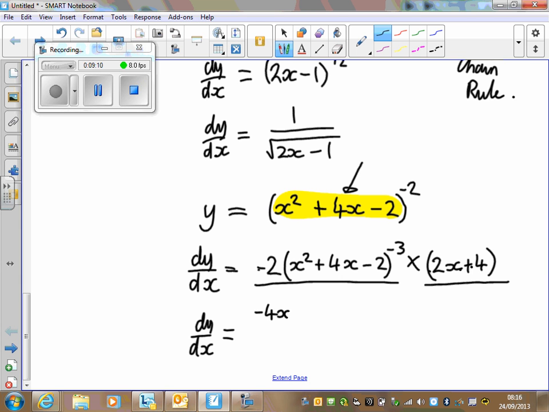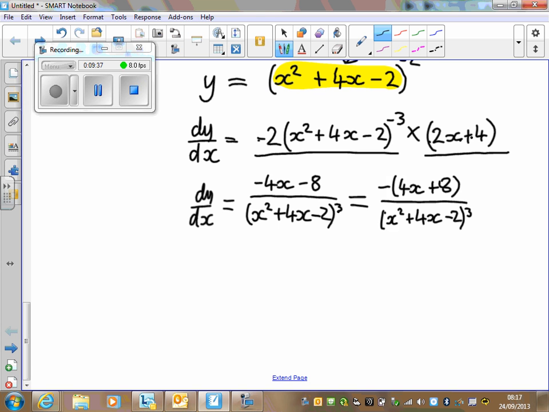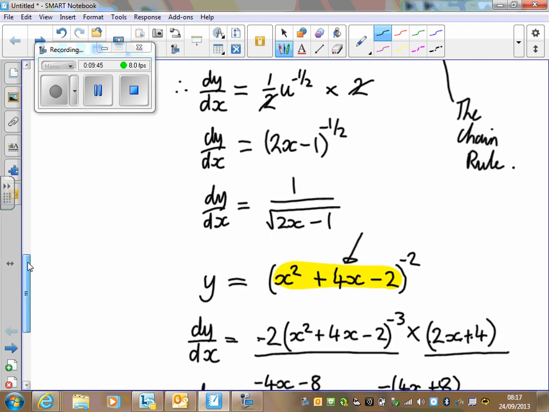The minus 2 is on top, but we also have this 2x plus 4 on top, so we end up with minus 4x minus 8. At the bottom we have this minus 3, so it will be x squared plus 4x minus 2 to the power 3. I might even tidy this up a little more and just keep one minus sign. I don't know why we don't like minus signs. Underrated, as I've said before, but there we go. I think that looks even nicer.